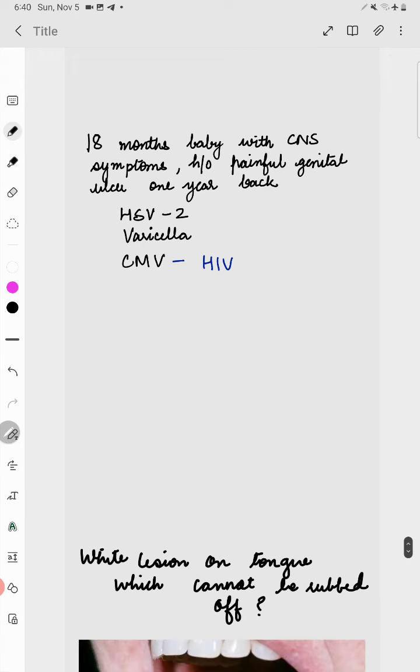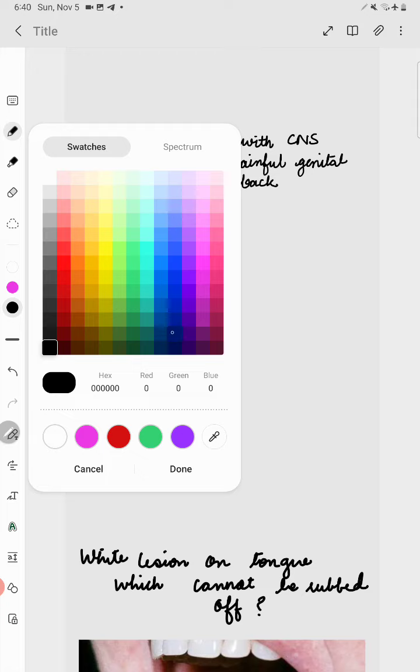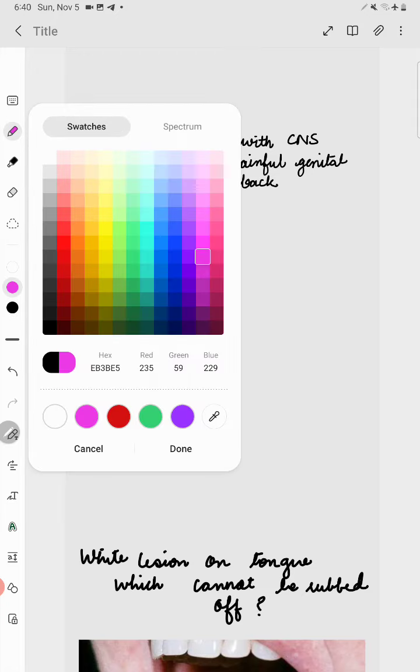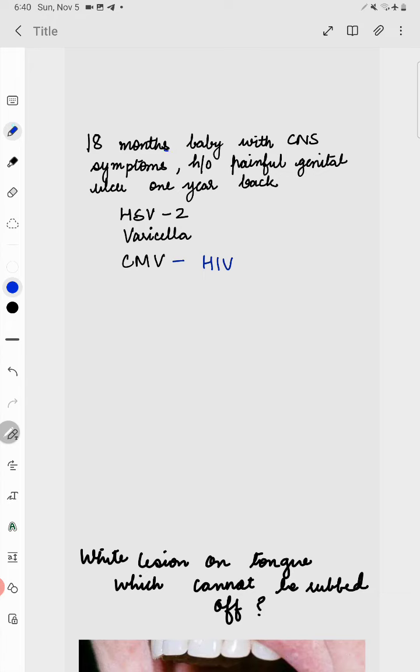Now, another question that a lot of you have recalled is about an 18-month-old baby with CNS symptoms. There was a history of painful genital ulcer 1 year back. Now, the thing is, varicella and CMV do not usually cause genital ulcers.